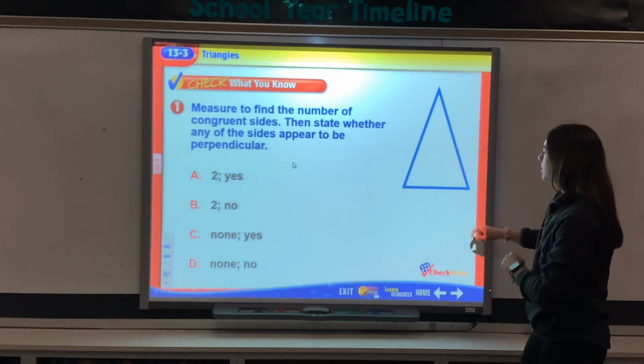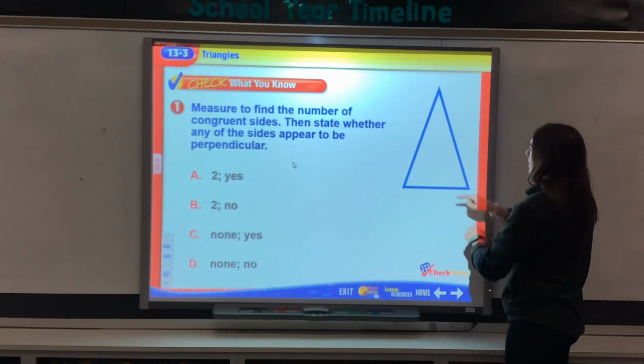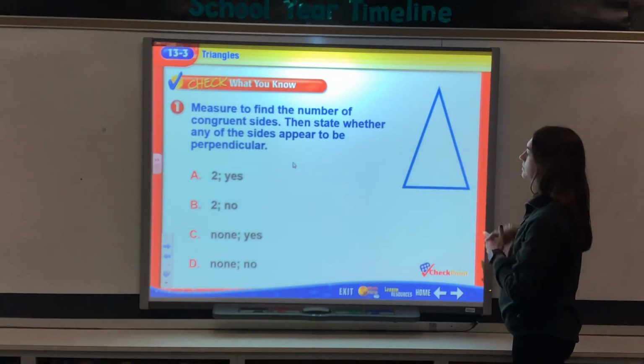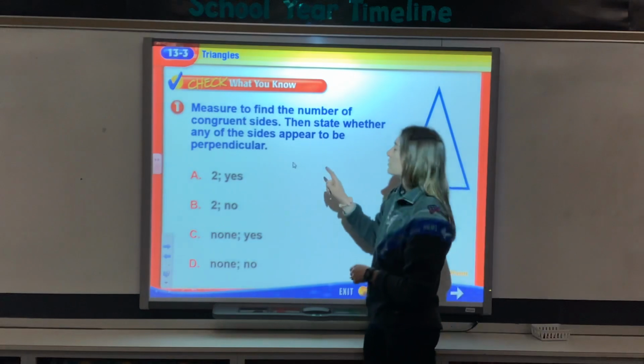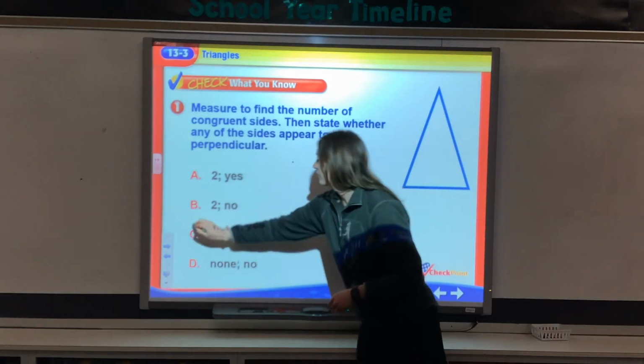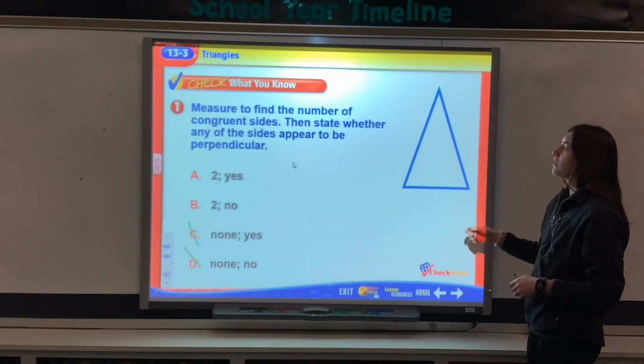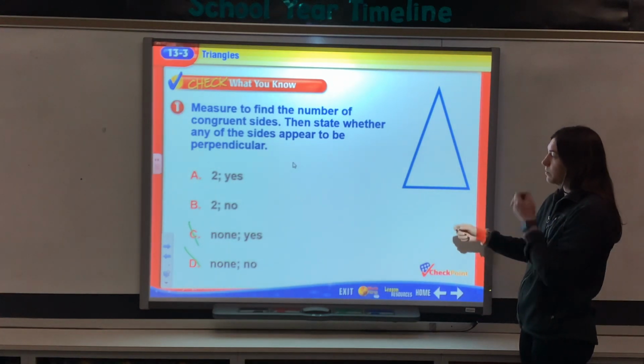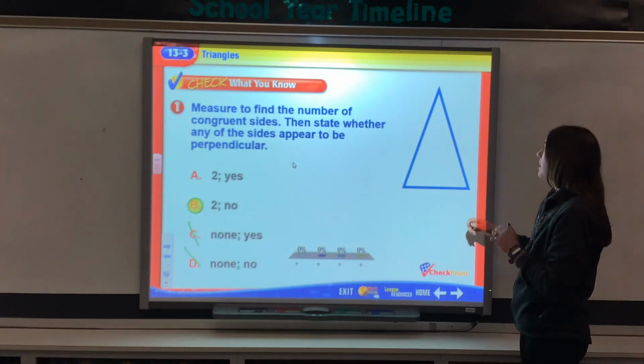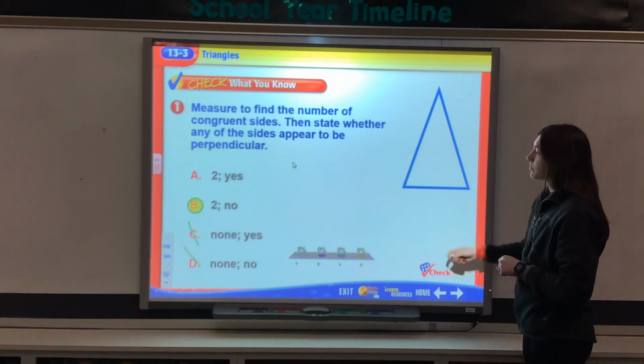They are the same length, but this side is shorter than these two sides. So we have two congruent sides, and now we just need to figure out if any of the sides appear to be perpendicular. And none of the sides are perpendicular.